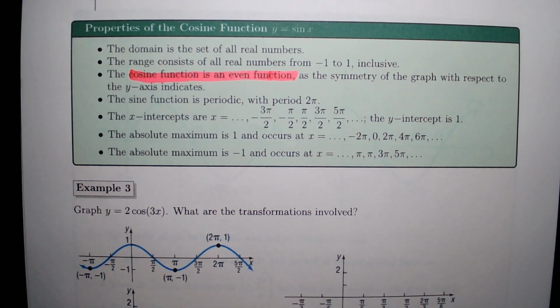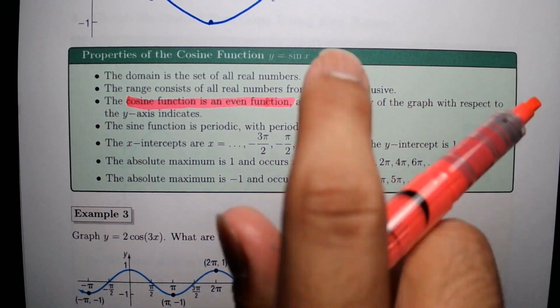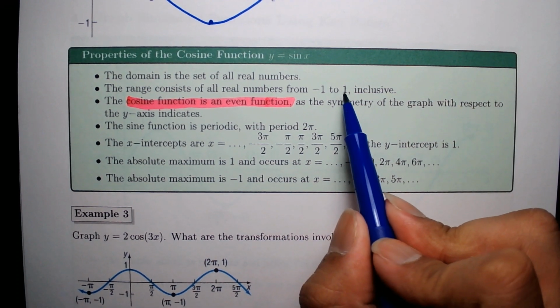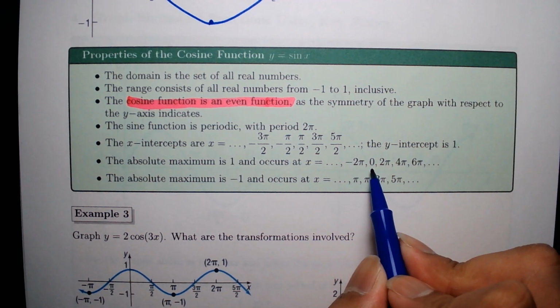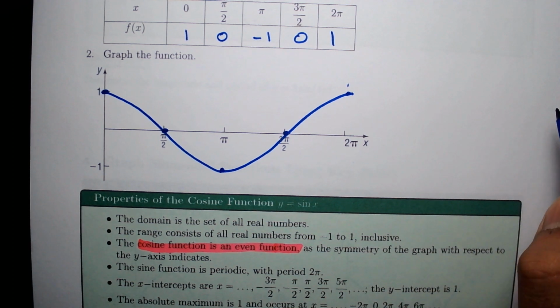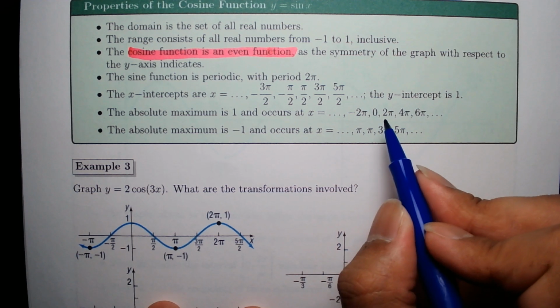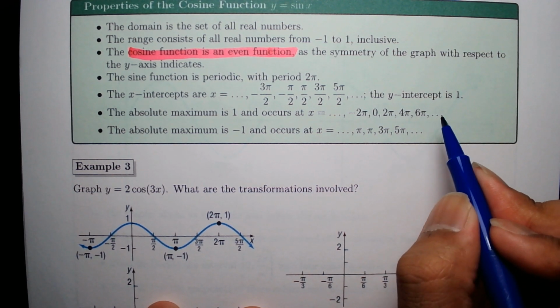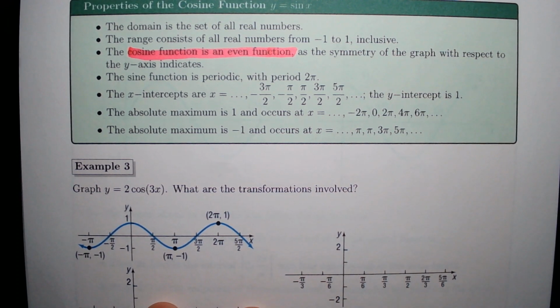All right. The absolute maximum is 1 because that's the largest value of the function in the range. Those values occur when x equals 0, x equals 2 pi, and if we graph another period, it would go to 4 pi, 6 pi, etc. In other words, even multiples of pi: 2 pi, 4 pi, 6 pi, 8 pi, 10 pi, 12 pi, etc., and in the negative direction as well.